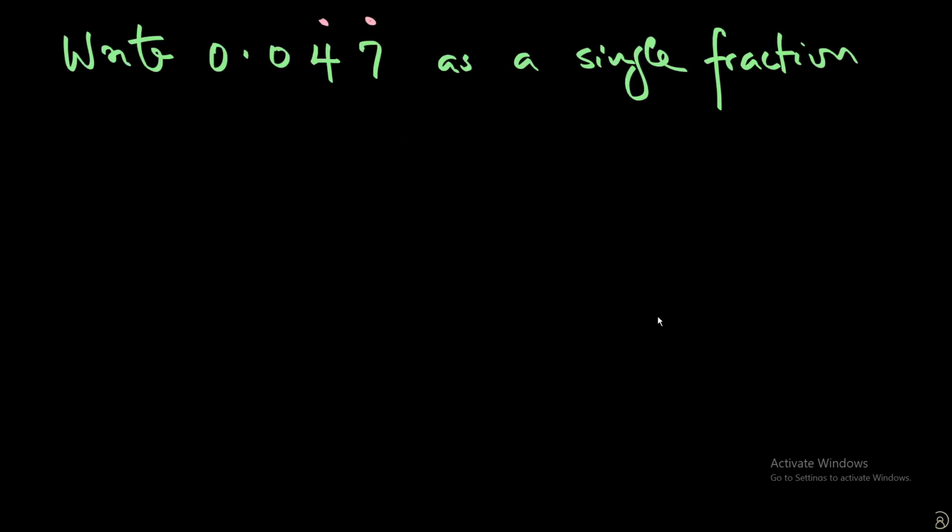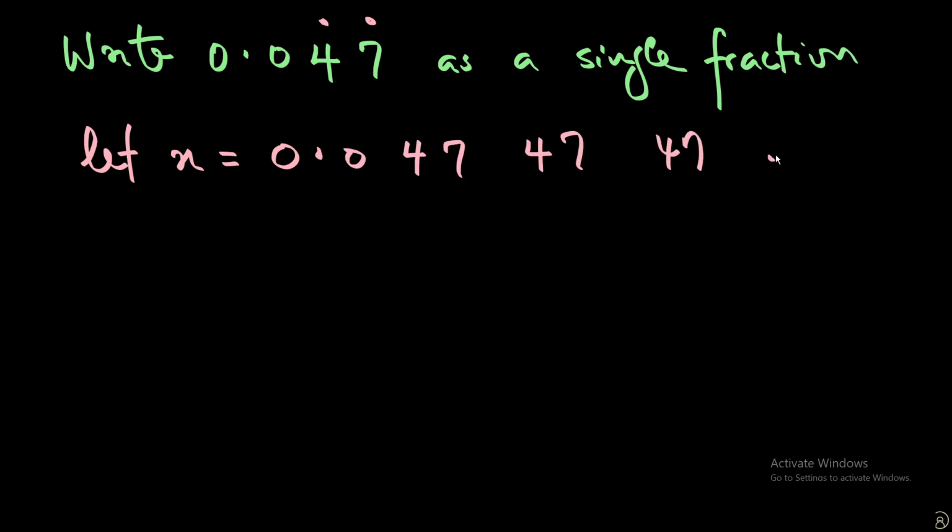In the next example, single decimal, we have this recurring decimal to write as a single fraction. First, let x be 0.0474747, and it goes on recurring.